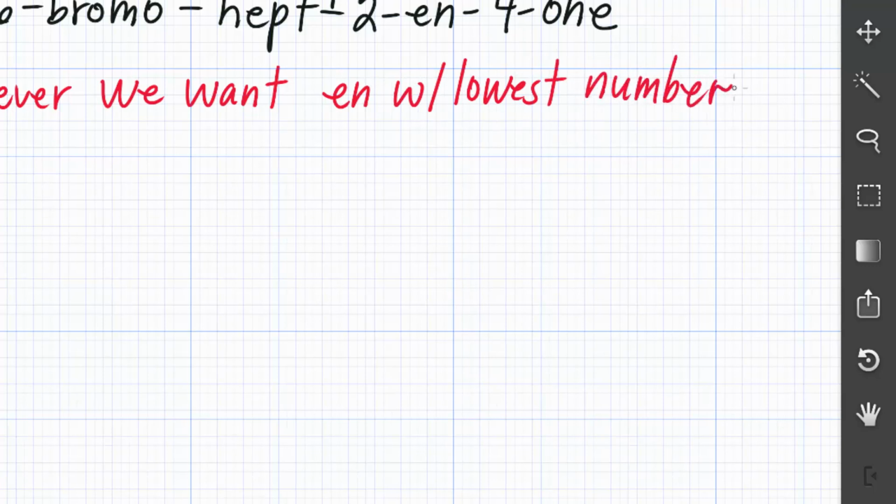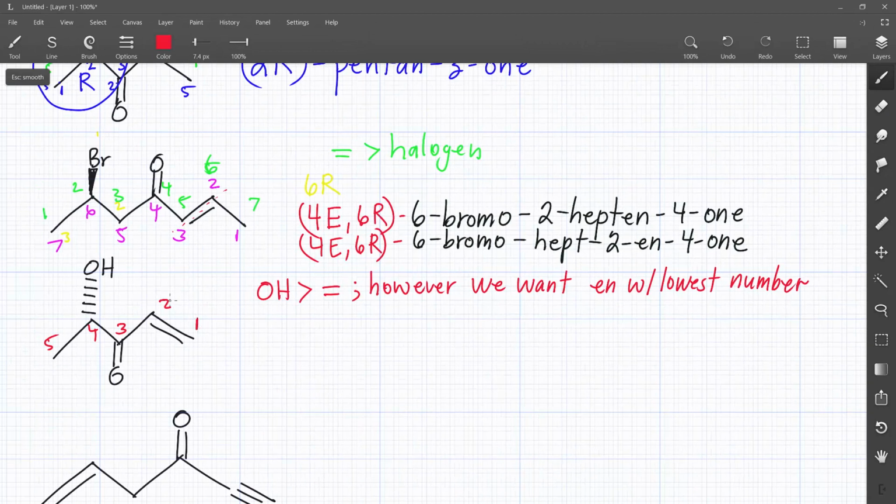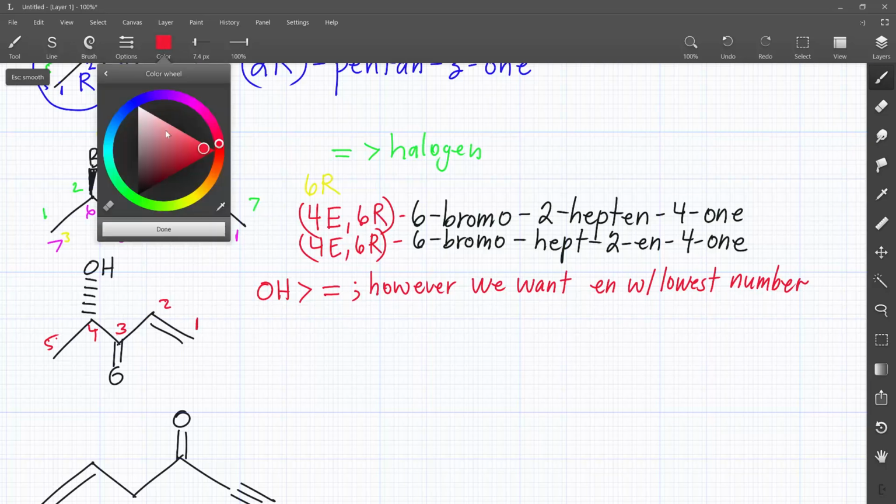Okay, since it's a suffix and your hydroxy is a prefix, you want to go in this direction, 1, 2, 3, 4, 5. And this is going to be the S direction.